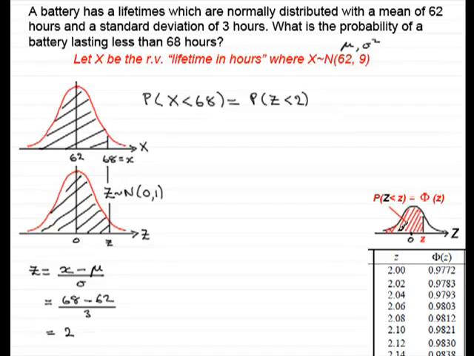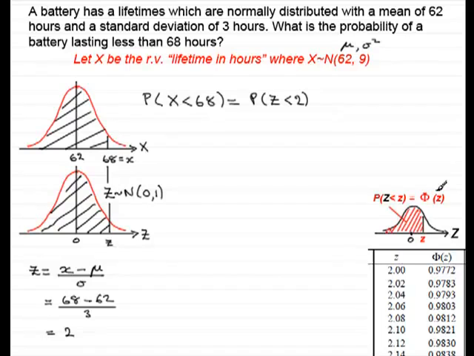Let me explain by way of this diagram up here. If you've got your standardized normal distribution, the probability of z being less than any value z is given by the shaded area, which is also equal to this notation phi z.